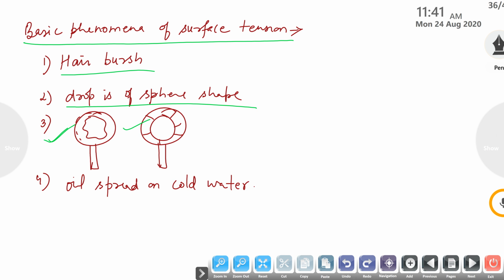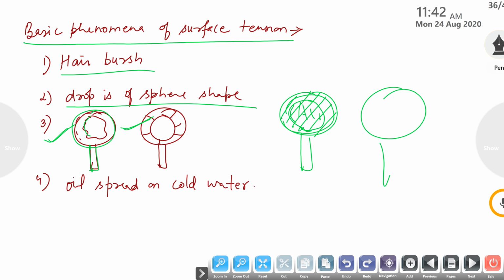So you can read it from your book. Suppose this is a string and this is the handle. If you dip it into the liquid, then there will be a film of liquid in this part. Now if you drop a closed string with random shape, and pinch out this part with a pin, the film breaks, and the liquid tries to have minimum area.